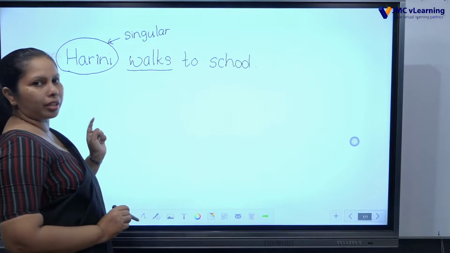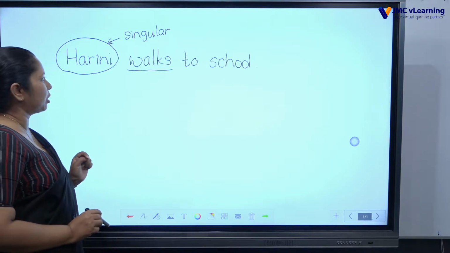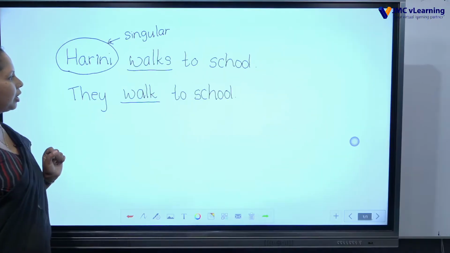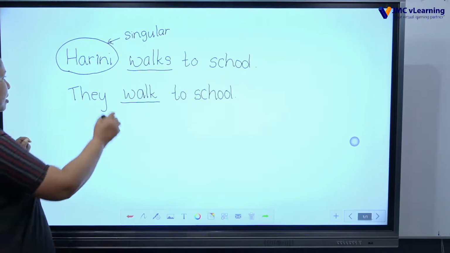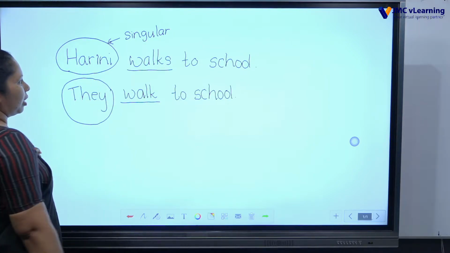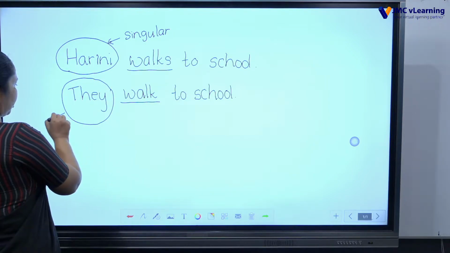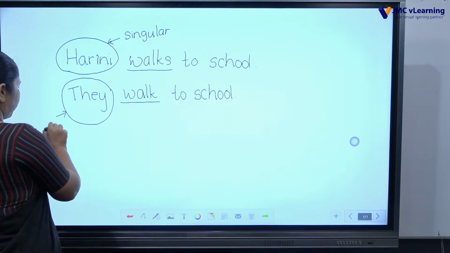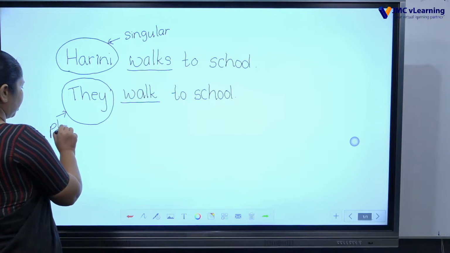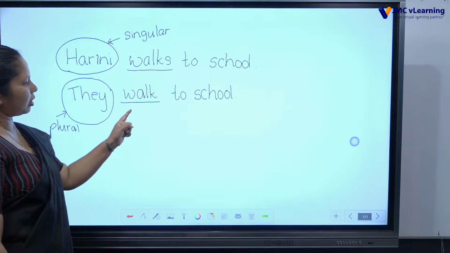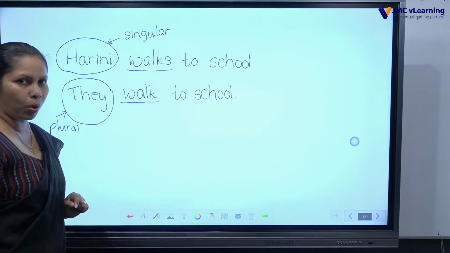We'll see if the noun or the pronoun is in the plural form. We'll take the pronoun they. Here, if you look at this sentence, we have used a pronoun, and the pronoun is in the plural form. That means more than one. So then we use the verb walk.